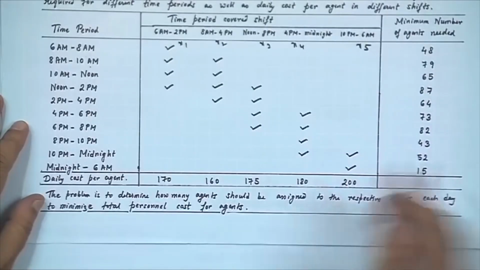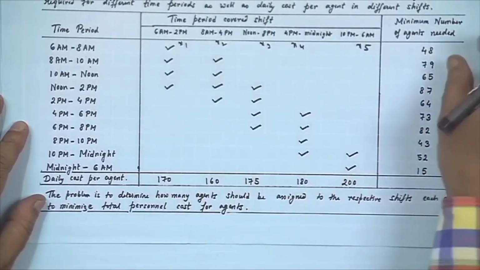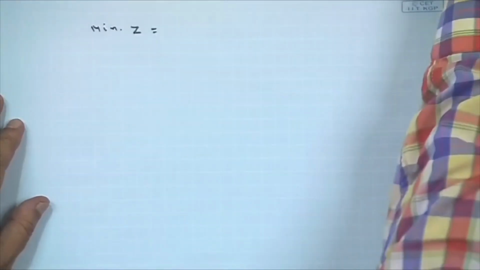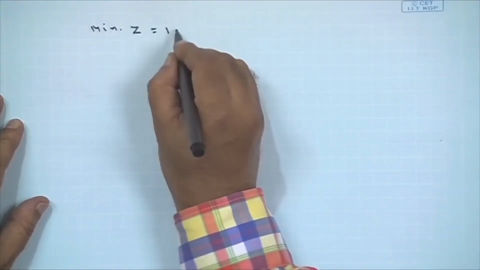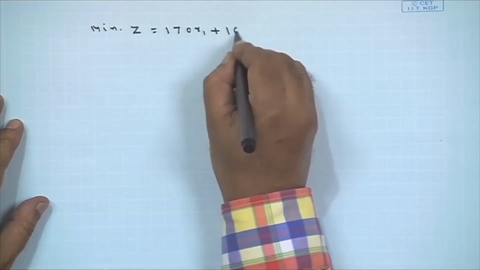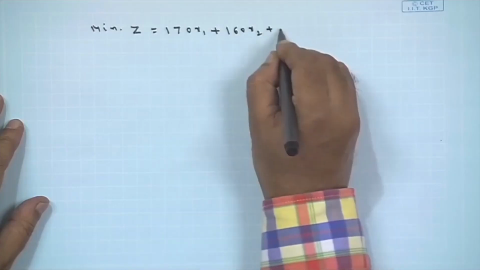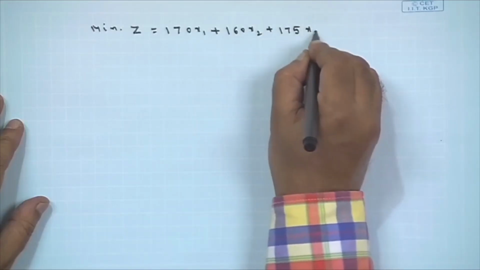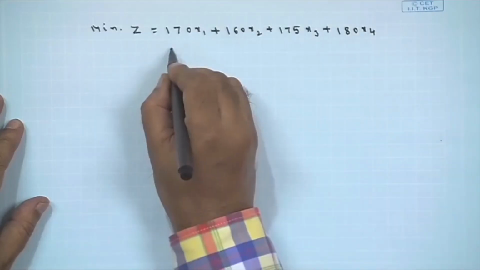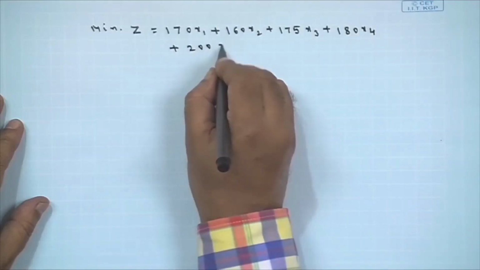So, you write 170 x1 plus 160 x2, which you can calculate easily. So, it should be 170 x1 plus 160 x2 plus 175 x3 plus 180 x4 plus 200 x5.